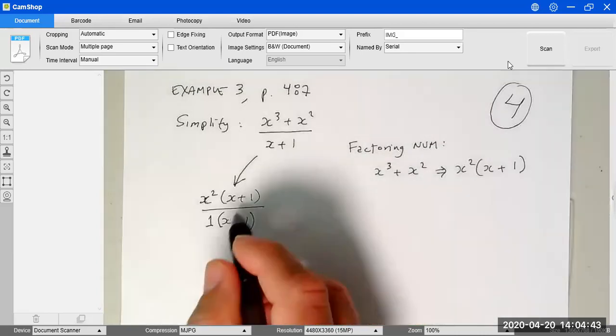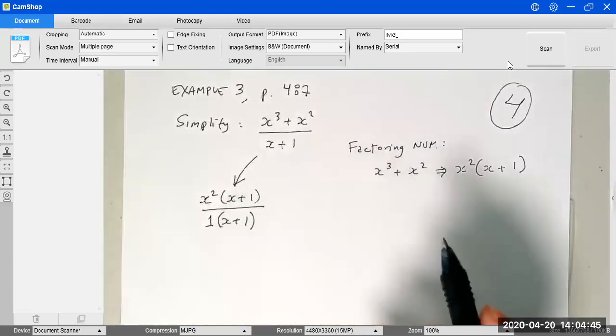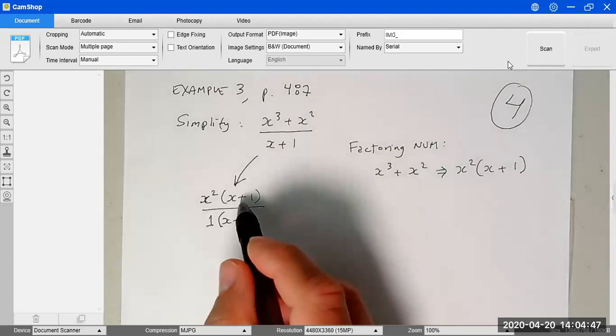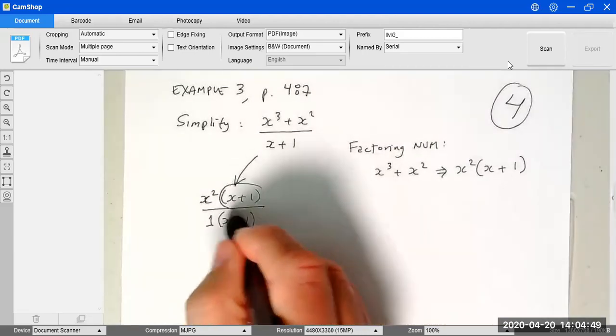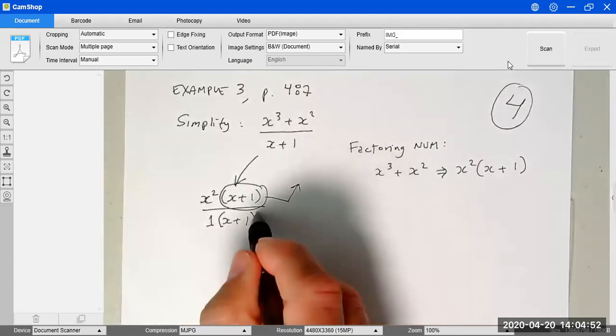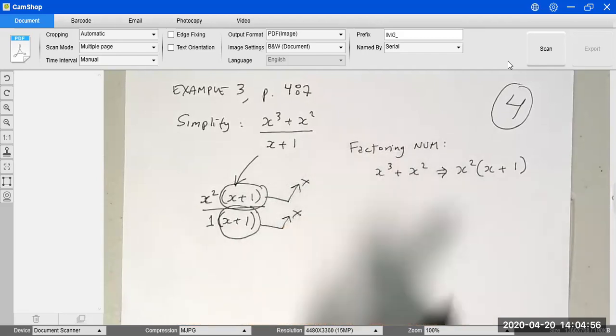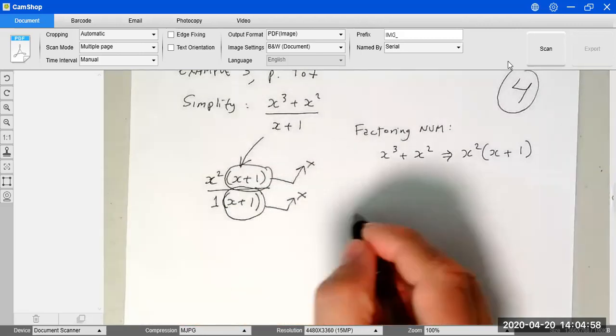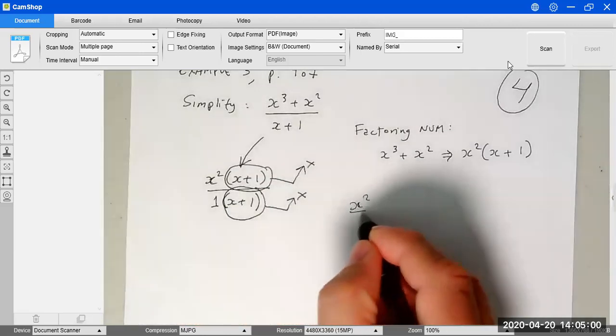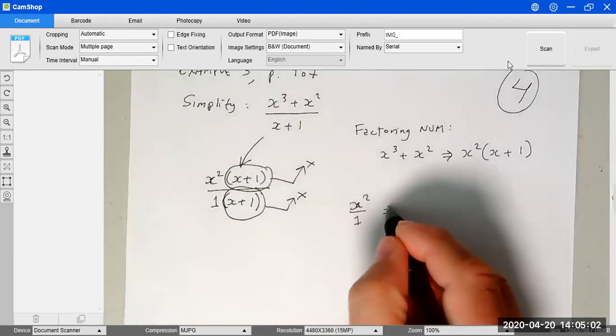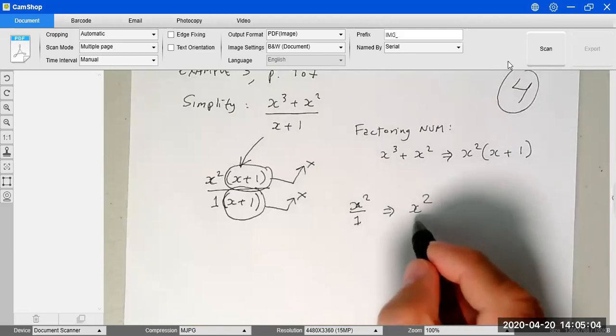So in this case, what is the common factor that we can cancel? It's going to be x plus 1. So I'm going to cancel this, so this goes away with this other one. So these two are canceled. So you end up with x squared over 1, which is just x squared.